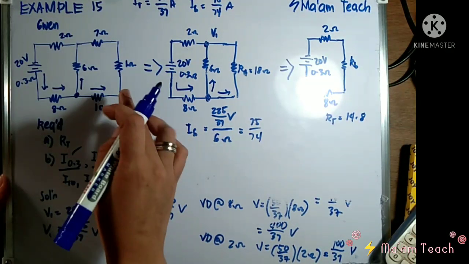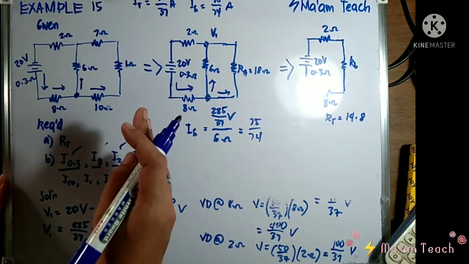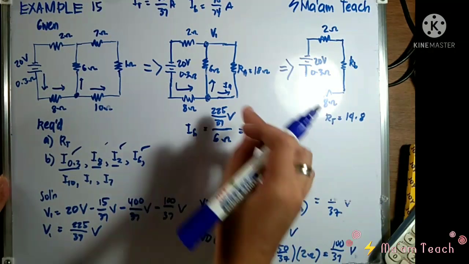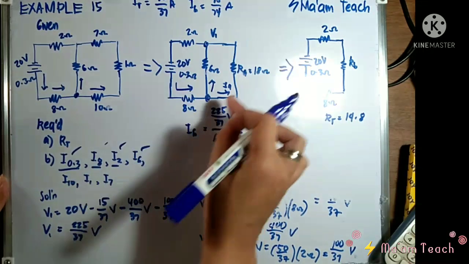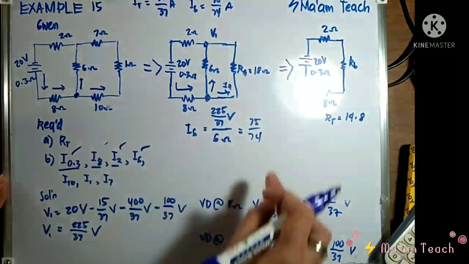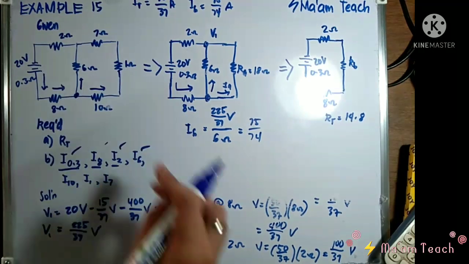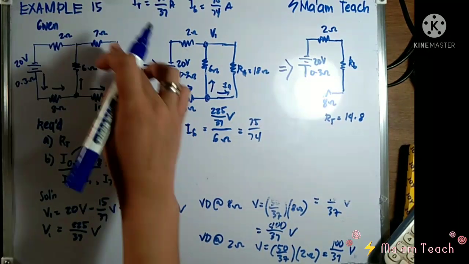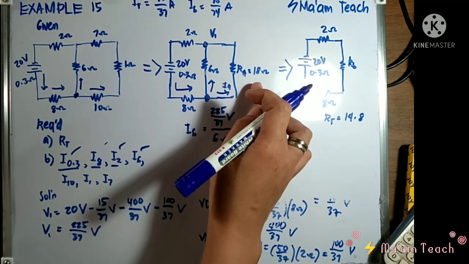If they are in series, they have the same current flowing in them. So, let us name this current as I sub A, the one that flows in these 3 resistances. Earlier, we have already solved for the total resistance of these resistances, which is R sub A.